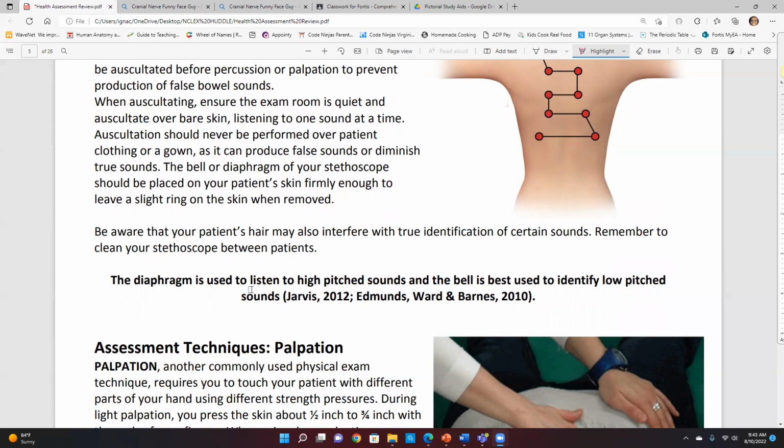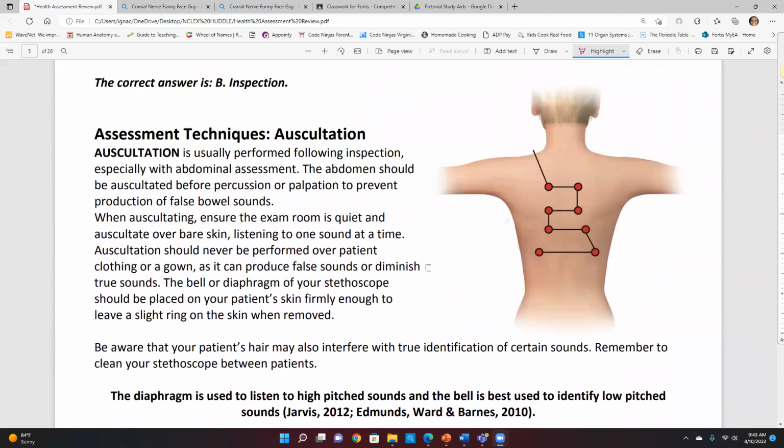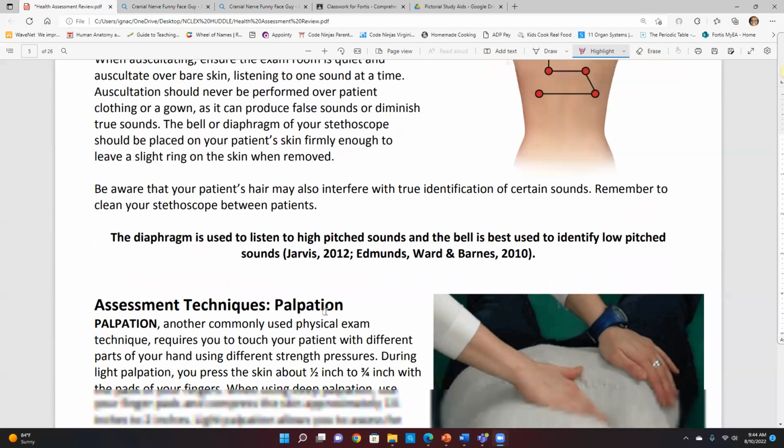So if you have a stethoscope that was given to you by the school, take a moment to look at it so you can actually see what I mean. Because I have encountered some students that didn't realize their stethoscope could actually twist around and can be used for the bell or for the diaphragm. The diaphragm is a larger circle. The bell is the smaller circle if you have a stethoscope that has a bell and a diaphragm.